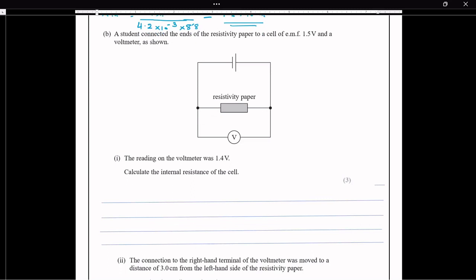Many times we have done these type of questions. We have the complete equation. It is EMF is V plus I times R. So it says that there is an EMF of 1.5.